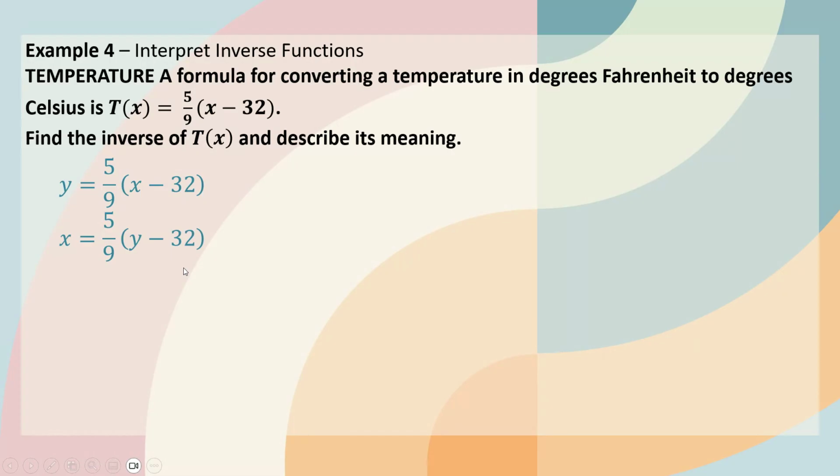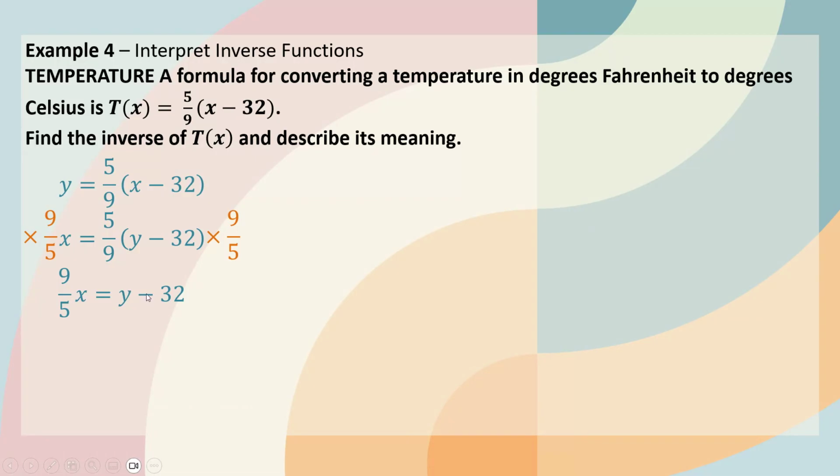When you're performing inverse operations, you actually want to start outside of the parentheses first. So outside of the parentheses, we're multiplying by 5/9. The inverse operation would be to multiply by the reciprocal, so I'm going to multiply both sides by 9/5. So the 5/9 times 9/5 cancel each other out. And then lastly, to get y by itself, we have subtracting 32 from y.